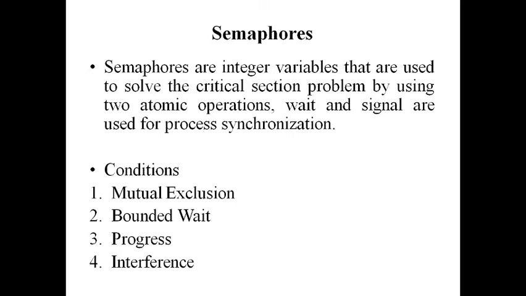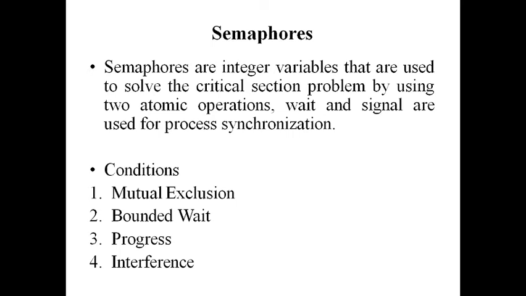And the fourth one is interference. Interference means that the processes waiting outside the critical region who want to enter should not be stopped by any other process. Let us say four processes are waiting outside and all four want to enter the critical region.